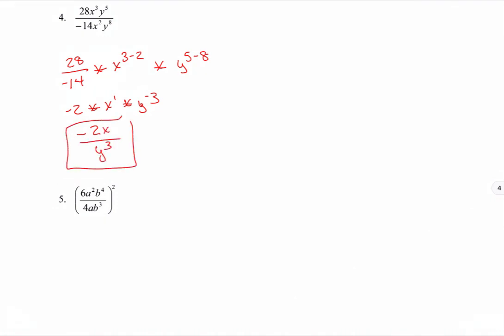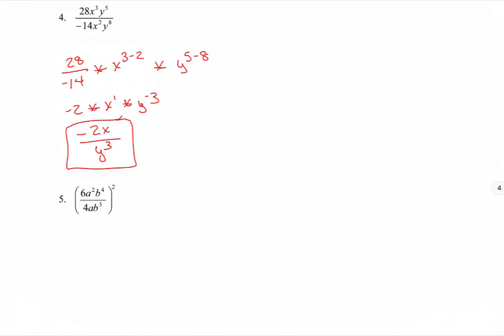That is my answer. -2 is a number. The negative is not on the exponent. So I leave the -2 alone.